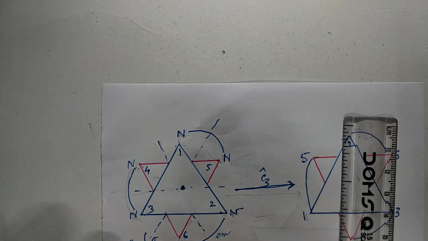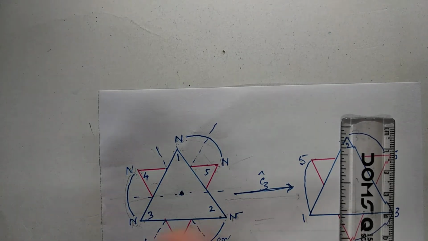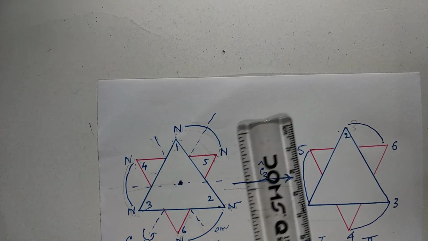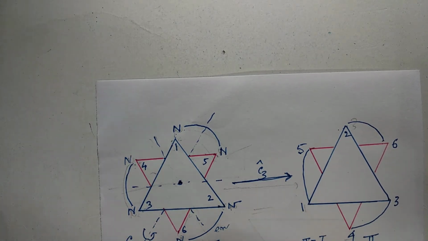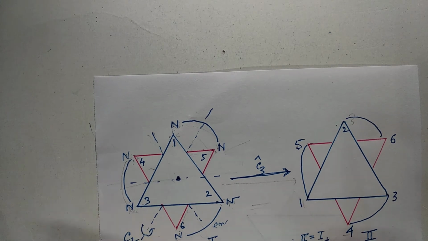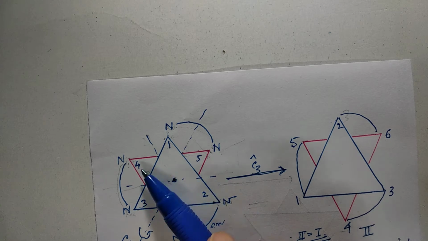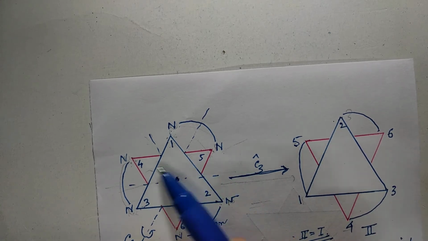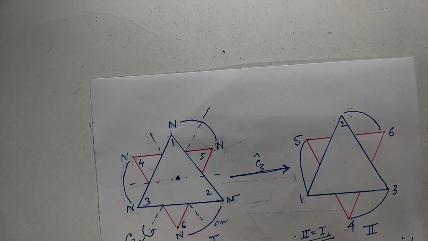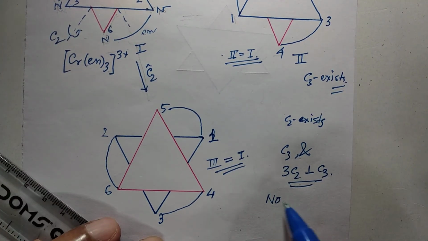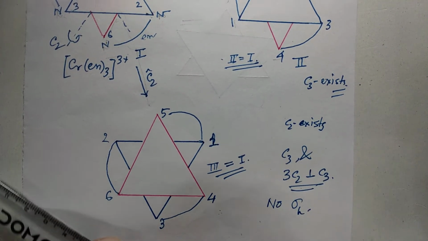If we imagine a symmetry plane in that region between the two triangles, then that plane will not act as a mirror plane because the upper triangle is not the mirror image of the lower one. They are in a staggered orientation. Therefore, sigma h does not exist. There is no sigma h.